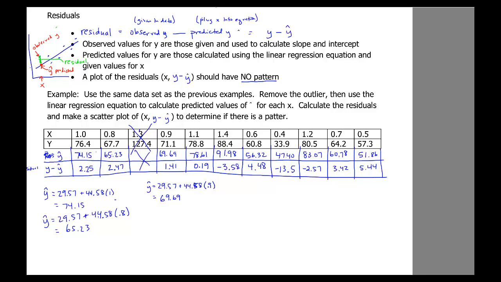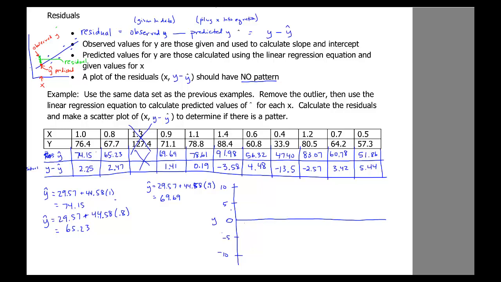So we're going to use x values on the x-axis and y minus y hat on the y-axis. And our values are going to be above and below 0. So I'm just going to put a line across for 0 in the middle, and then our values for y might be above or below that. And we want to make an even scale. This is just for a demonstration, so it's not going to be perfect here, but we'll just go by 5s and kind of estimate.